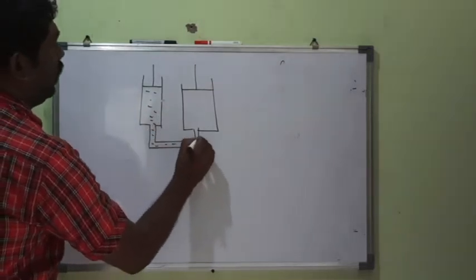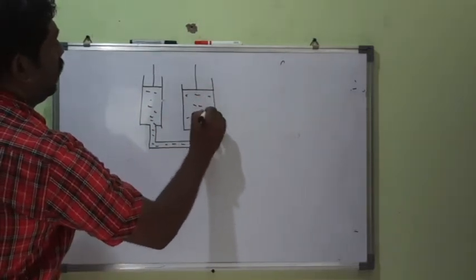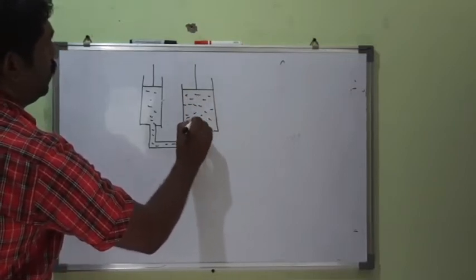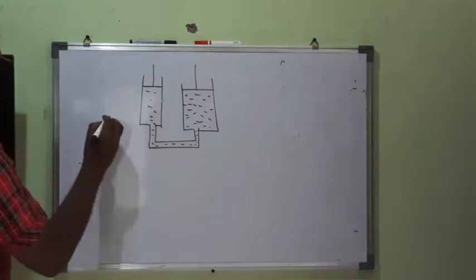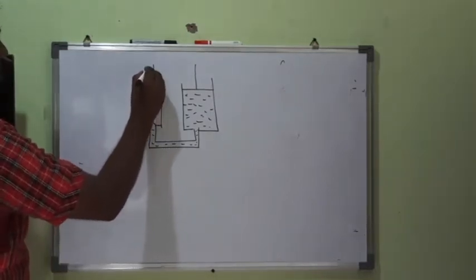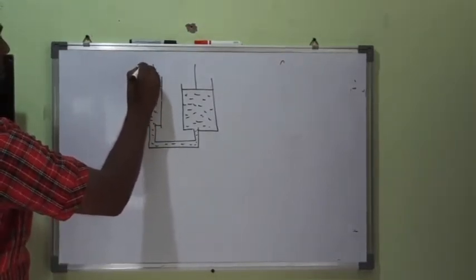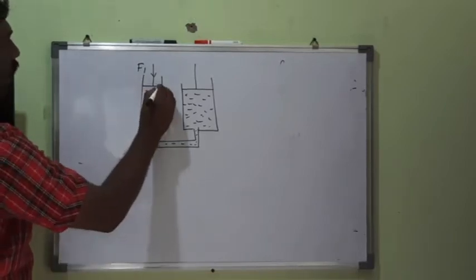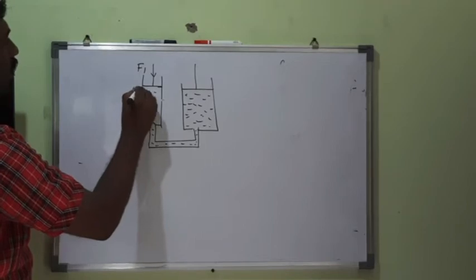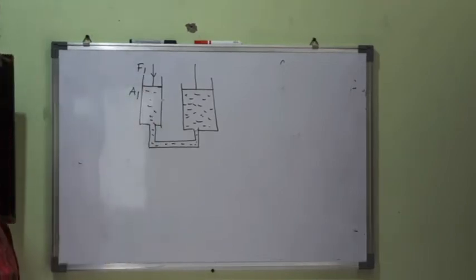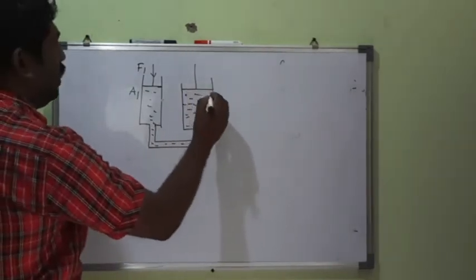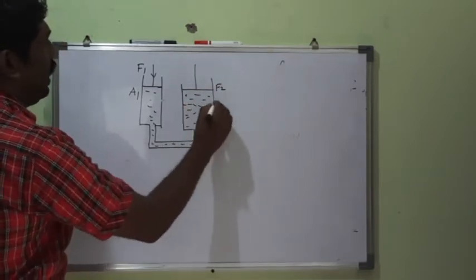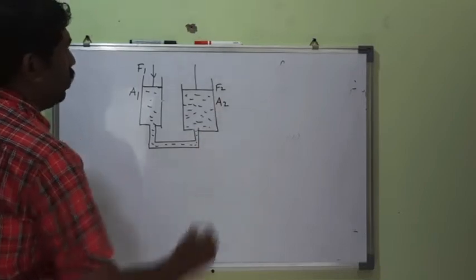And the liquid is filled in the tube cylinders, and here the force applied is F1. Force on the first piston is F1 and the area of cross section of the first piston is A1. And in the second one, the force experienced is F2 and the area of cross section is A2.